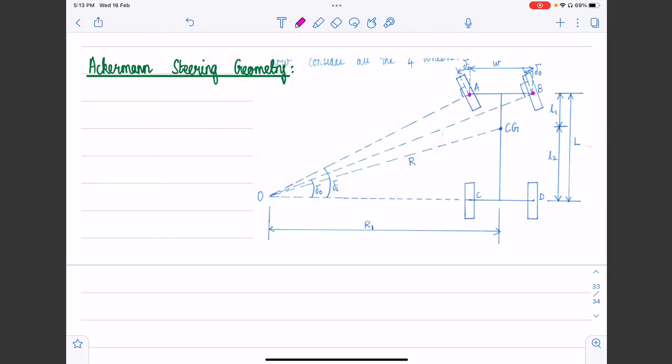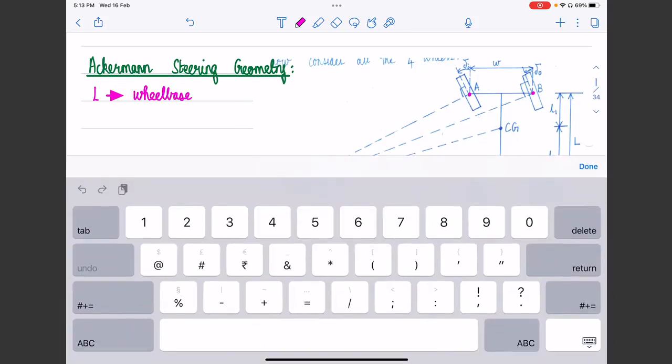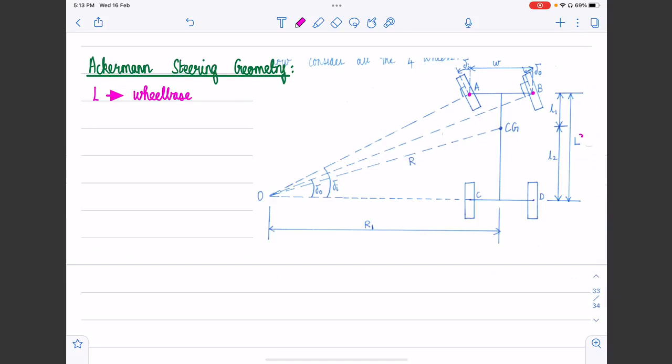Here, the parameter L, which is the distance between the front wheel center and the rear wheel center, is what is called the wheelbase of the vehicle. As we know, the vehicle's center of gravity is indicated by CG.